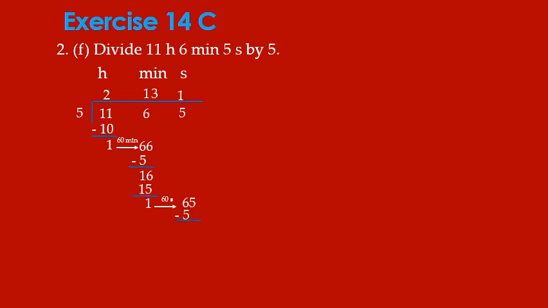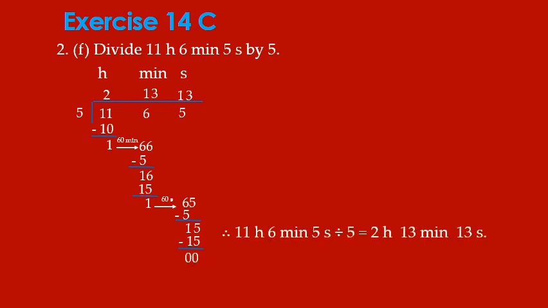We will write 1 in the quotient part, and then 6 minus 5 is equal to 1. 5 carried down, 15. So now 15 divided by 5, 5 threes are 15. 15 minus 15 is equal to 0. So what is our answer? 11 hours, 6 minutes, 5 seconds divided by 5 is equal to 2 hours, 13 minutes, 13 seconds.